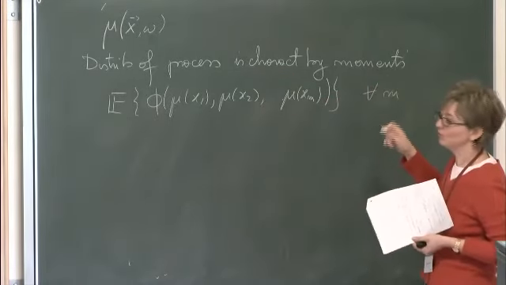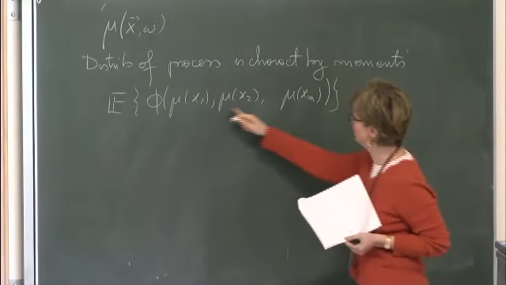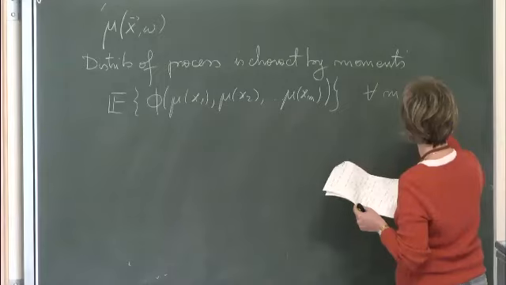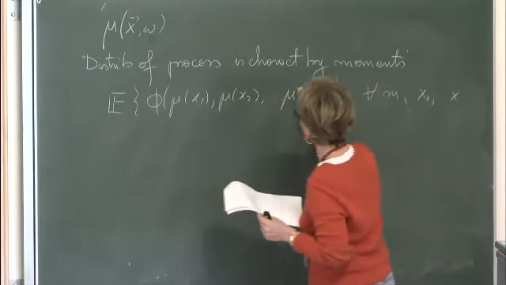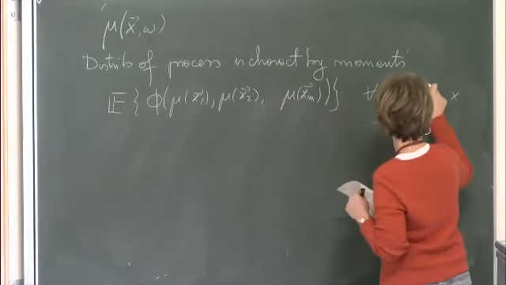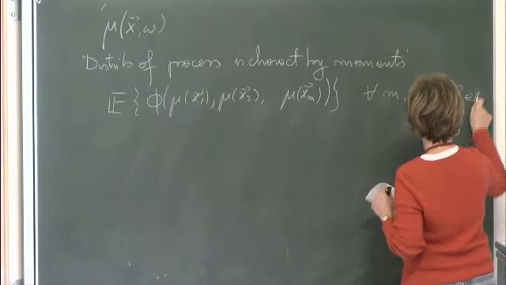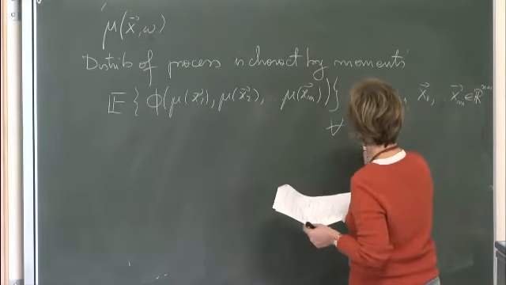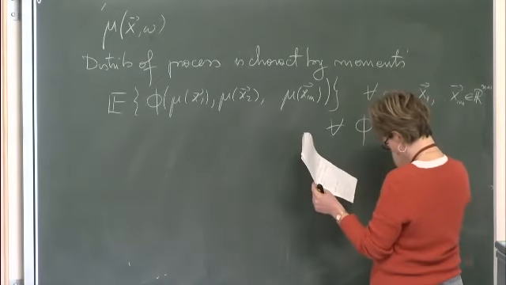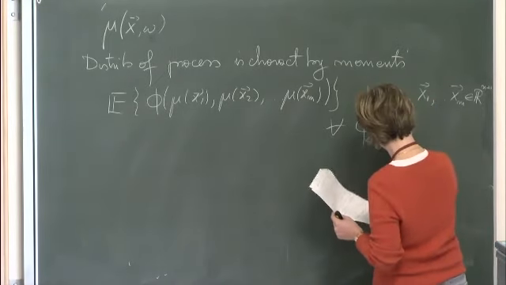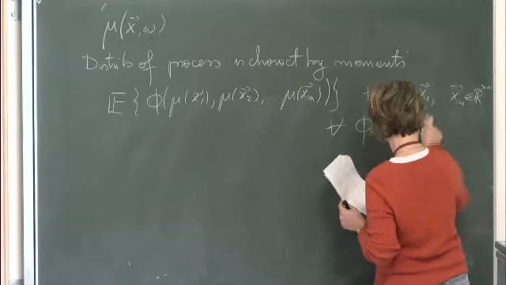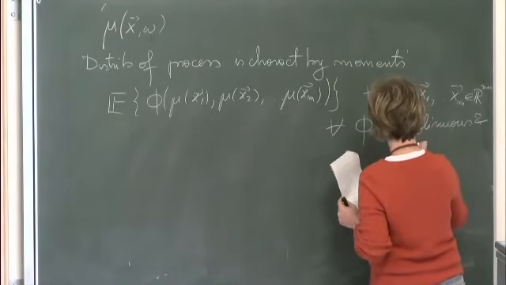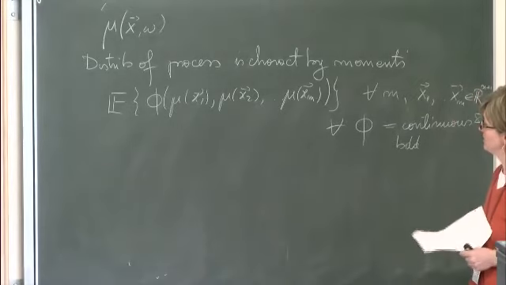So if you know such moments for any m, for any points x1, well, I should put vectors, in R^(n+1), and for any functions phi that are continuous and bounded, then you know the distribution.